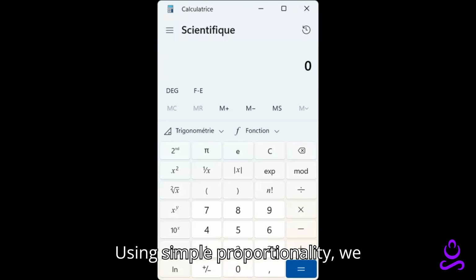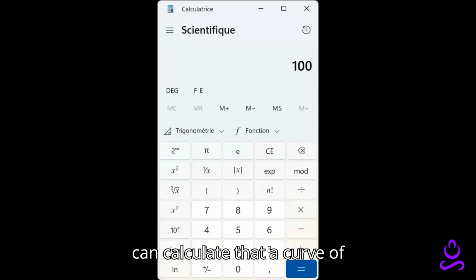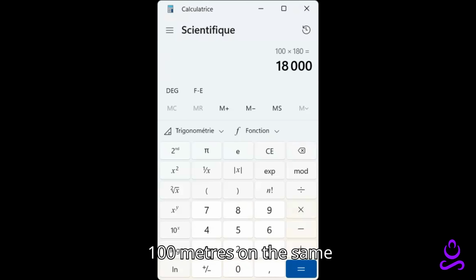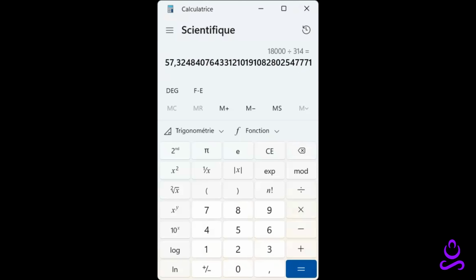Using simple proportionality, we can calculate that a curve of 100 meters on the same 100-meter radius circle corresponds to a central angle of approximately 57 degrees.